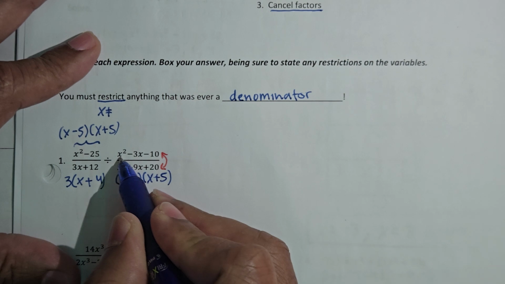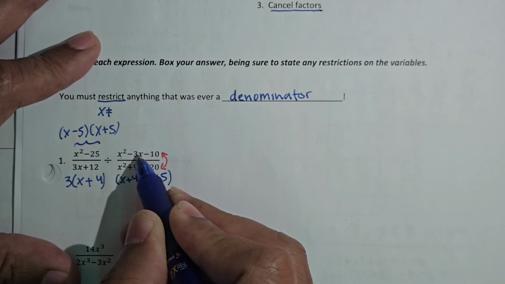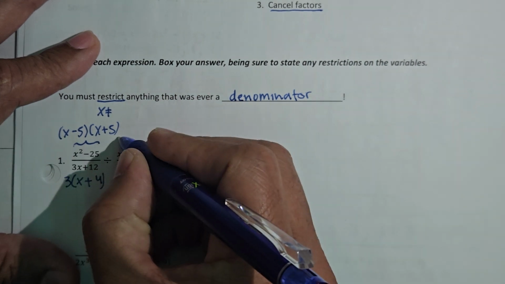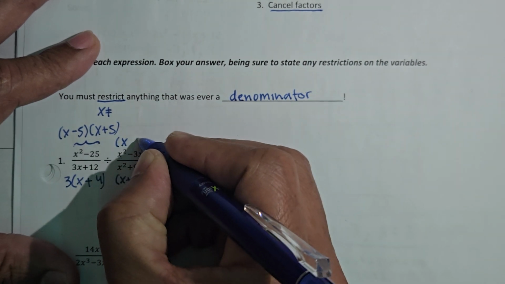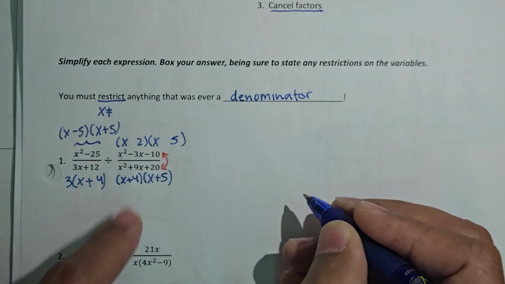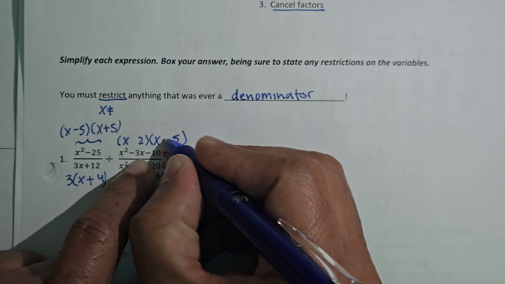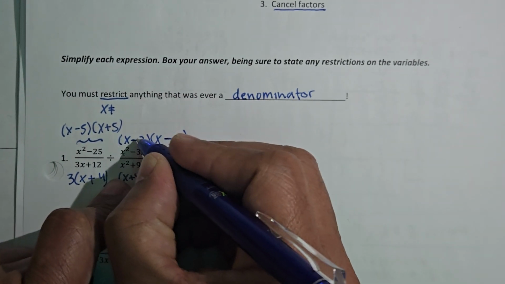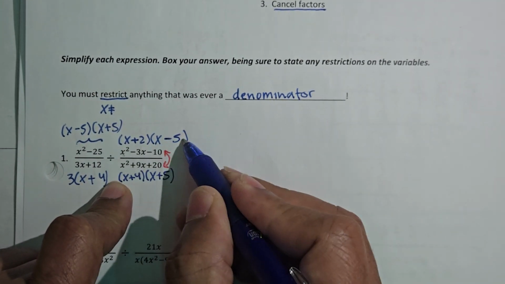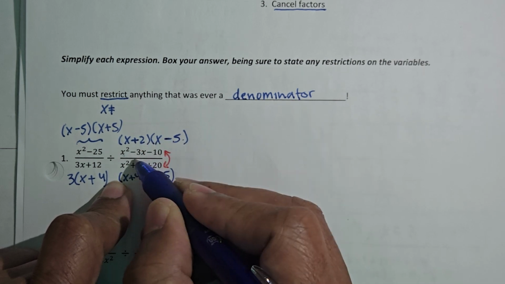And this is factors of negative 10 that add to negative 3, that's 2 and 5. We need negative 3 when we add them, so the 5 should be minus and the 2 should be plus. You multiply 2 times negative 5, that gives negative 10, and when you add 2 and negative 5, that gives negative 3.